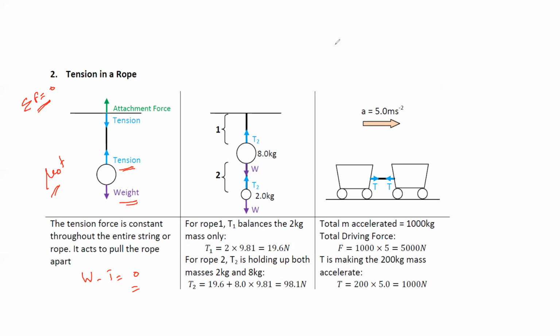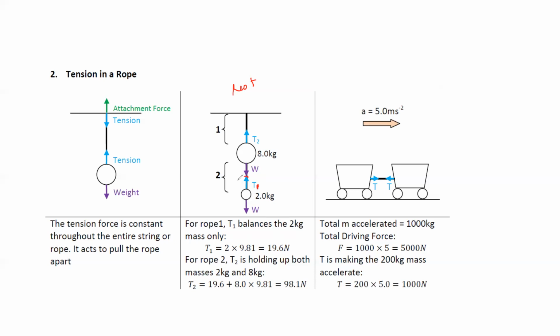Same way, if two objects are attached by a string or a wire and both objects are stationary, how do we write the equation for this? So for rope 1, which is T1, it balances the 2 kilogram mass only.